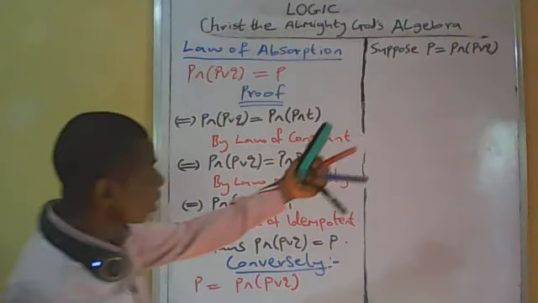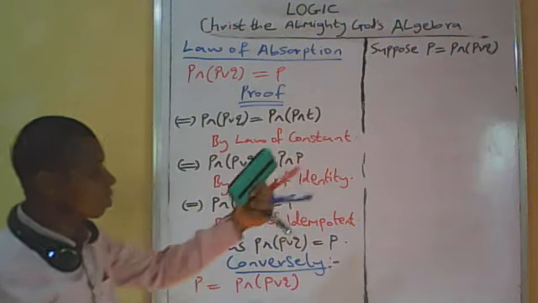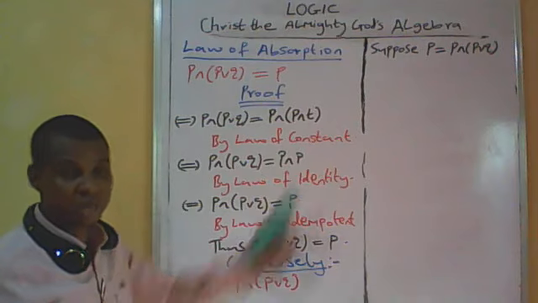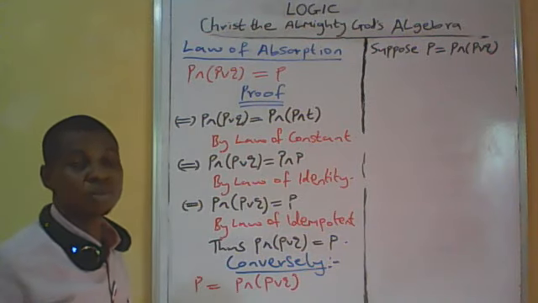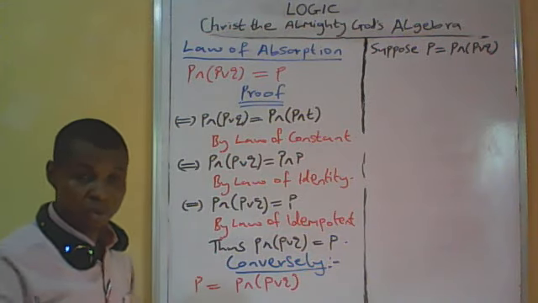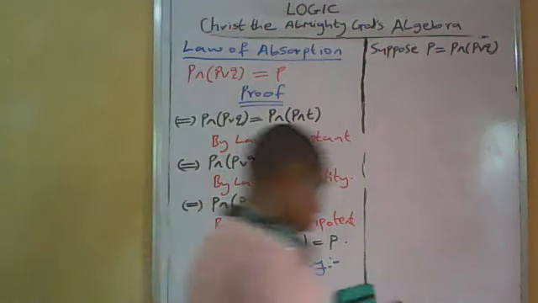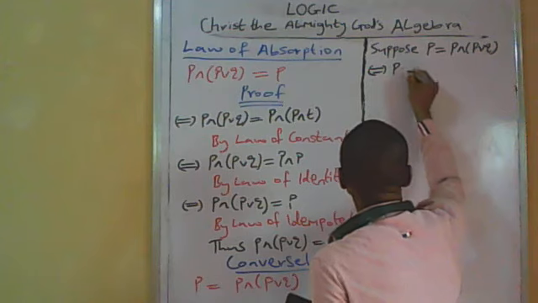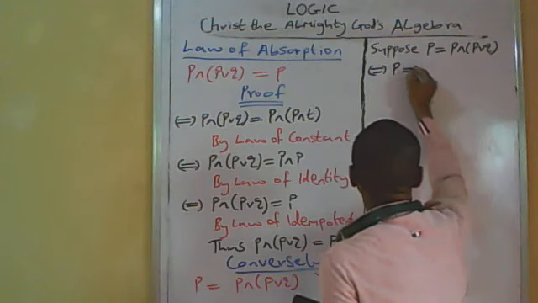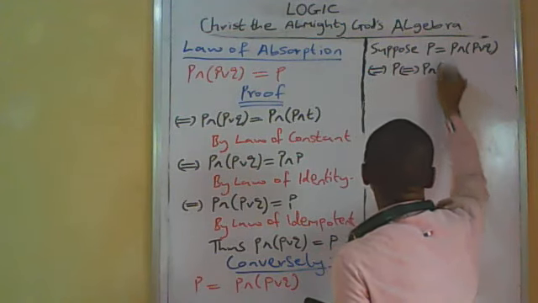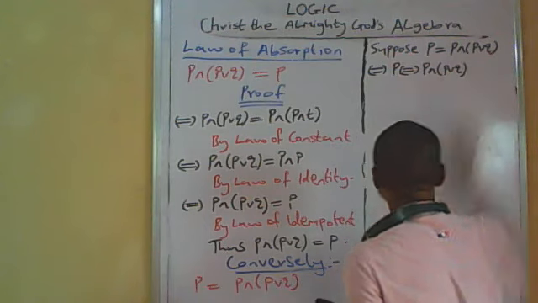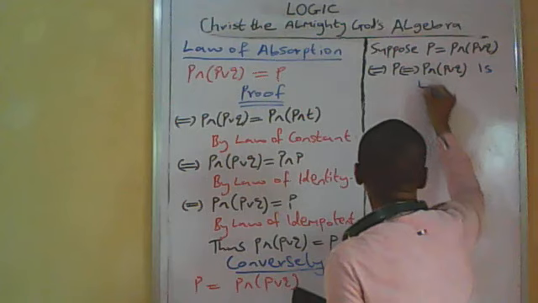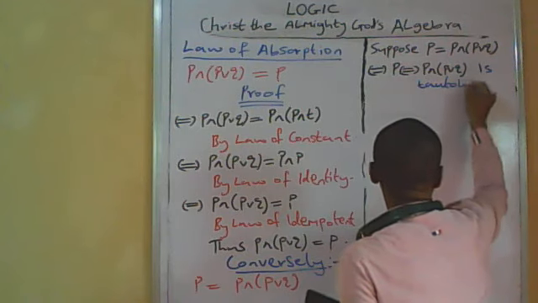So since they are equivalent, we are going to transform it to a biconditional statement, and it will still preserve truth. P if and only if P and bracket P or Q is a tautology.